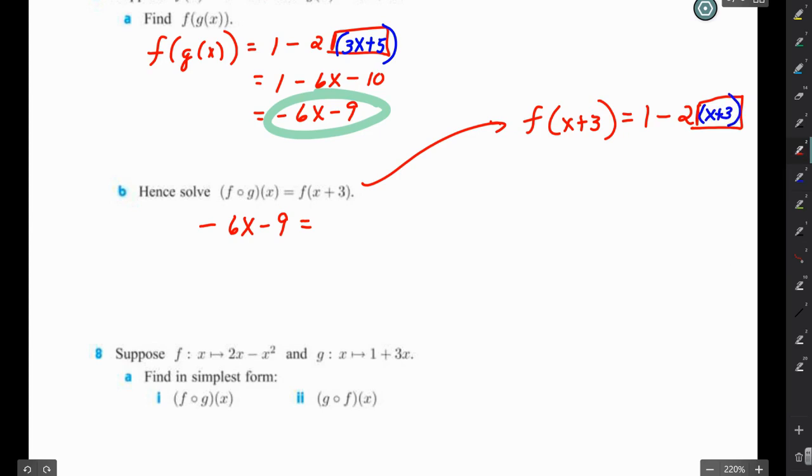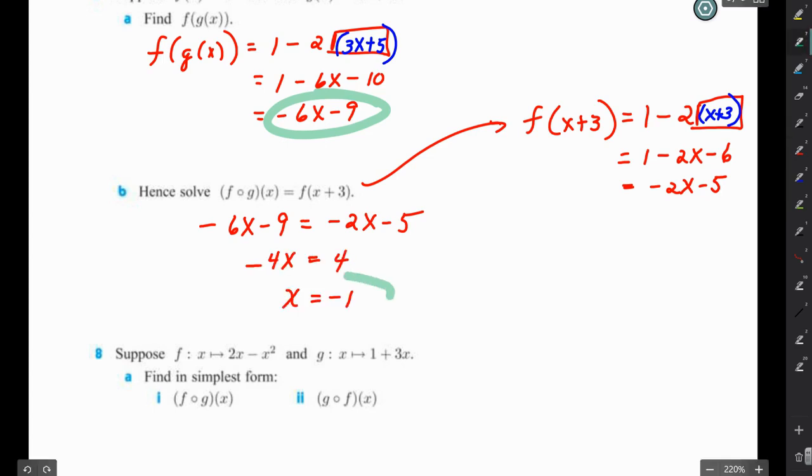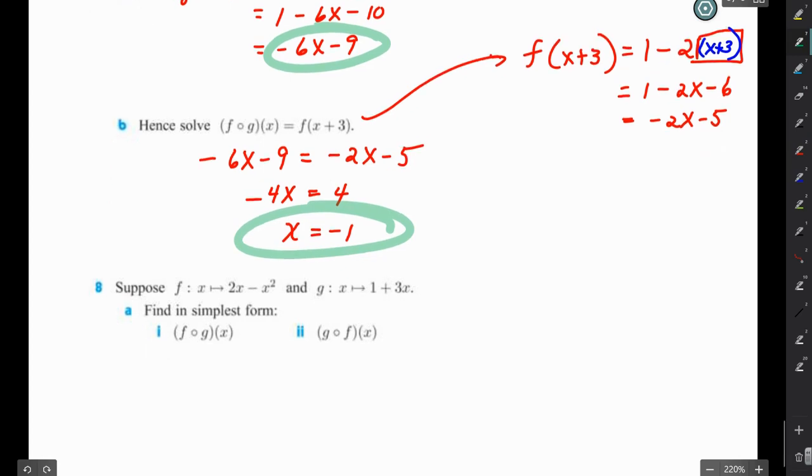So that's going to give us 1 minus 2x minus 6, which is going to give us negative 2x minus 5. All right, so negative 2x minus 5, and now it just becomes a simple algebra problem. Solve it for x. Ooh, they have you working hard, IB.